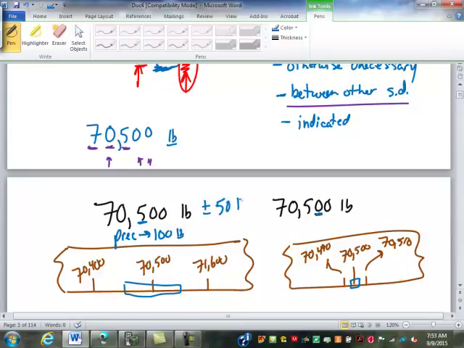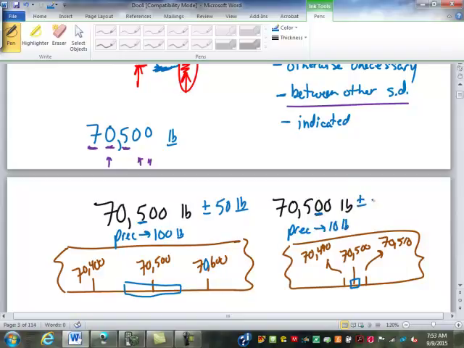Yes, sir? This should be 70, you're right, 70,000. There you go. This one here has a degree of precision of 10 pounds.